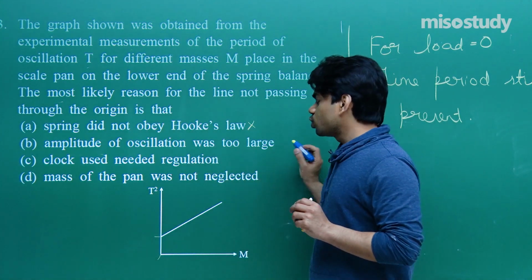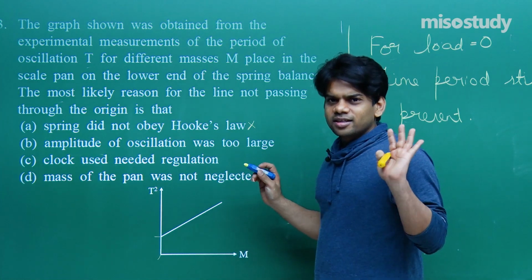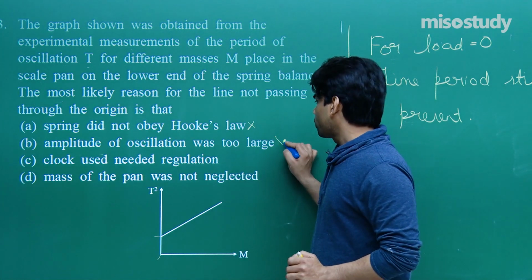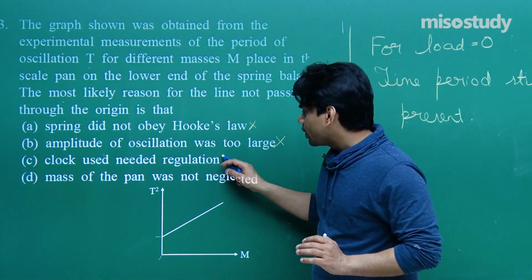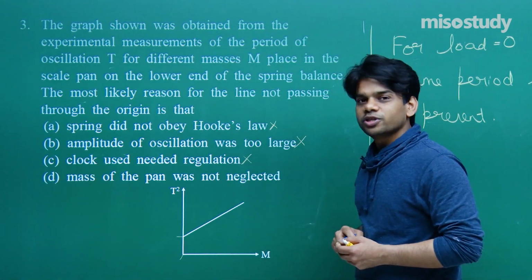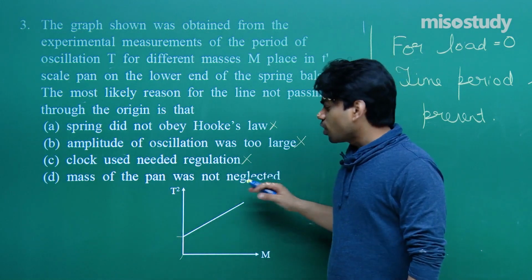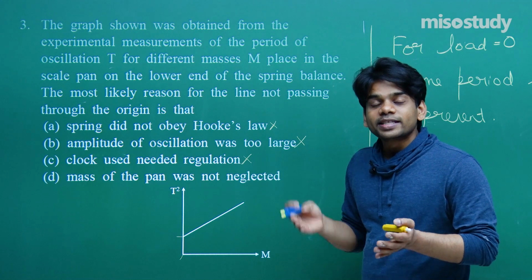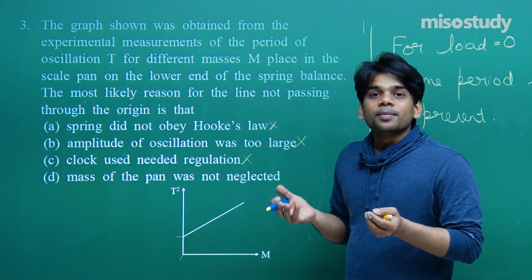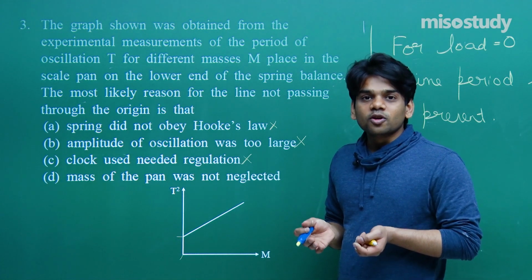Amplitude of oscillation was too large. It doesn't matter, nothing has been given for the amplitude. Don't worry about this, incorrect. Clock used needed regulation, you cannot comment on this, leave it. Mass of the pan was not neglected. Yes, because when you did the load 0, still spring was oscillating because there was a pan on which you were keeping the load.